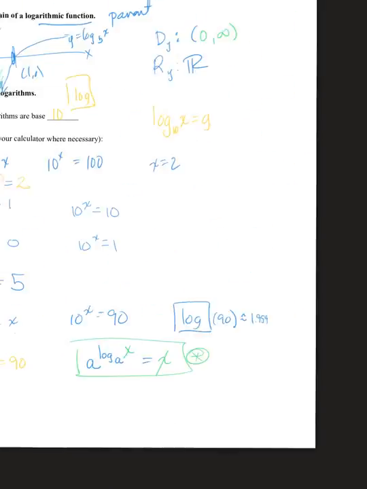We talked about common logs being base 10. Well, there's another very special logarithm base, and it is called a natural logarithm. If a common log is known to be base 10, a natural logarithm is going to be base e.